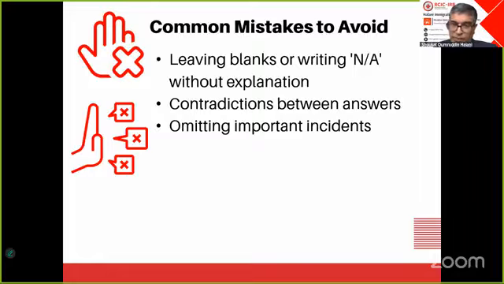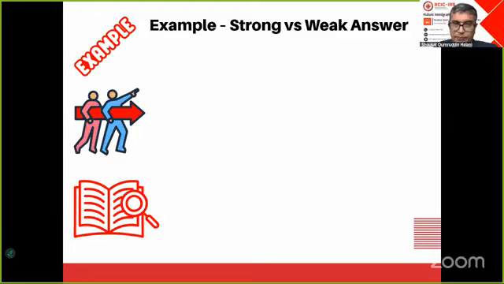That should not happen, as it will create an issue of credibility. Omitting important incidents: if you have any important information, you should always mention it in your BOC form. Missing a deadline is not acceptable. If you miss any deadline, you will have to mention the reasons to the IRB.